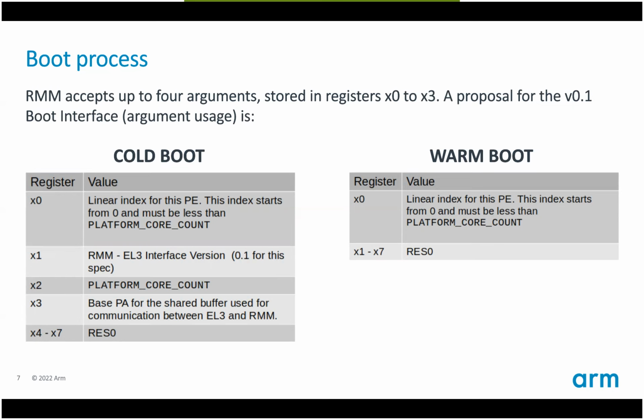The relationship here is that we compare platform core count with the maximum number of CPUs supported by RMM at build time, and then we compare the linear index of the current CPU with platform core count. RMM code currently checks this dependency, so it checks that platform core count is less than or equal to the number of CPUs supported.